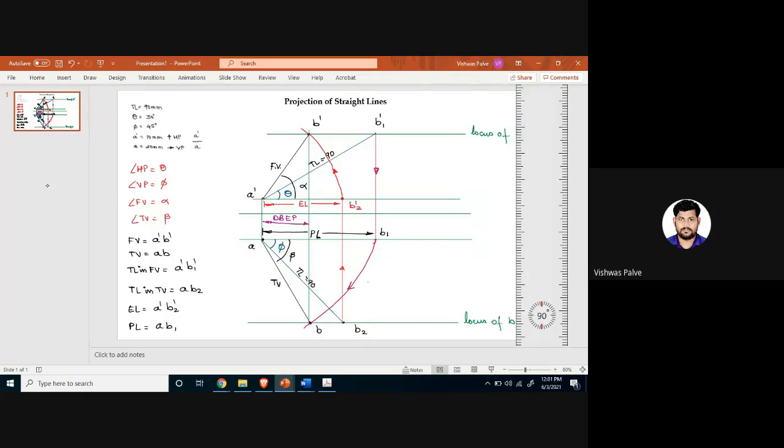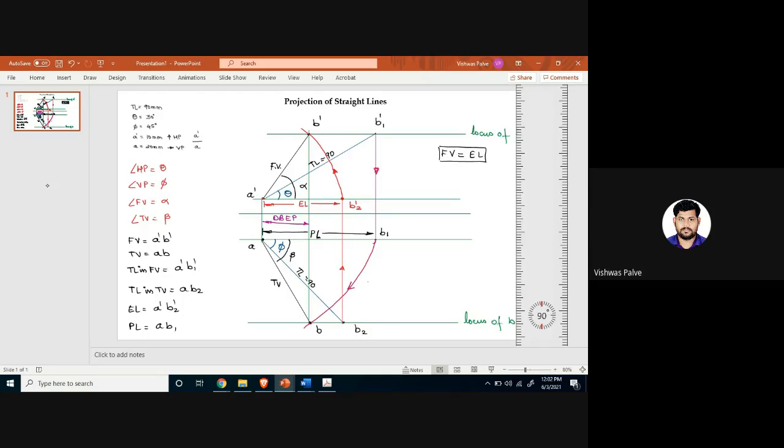Then the next term which we are going to use, this is very important: front view length is always equal to elevation length. We are rotating the elevation length, then we get the front view length, right?